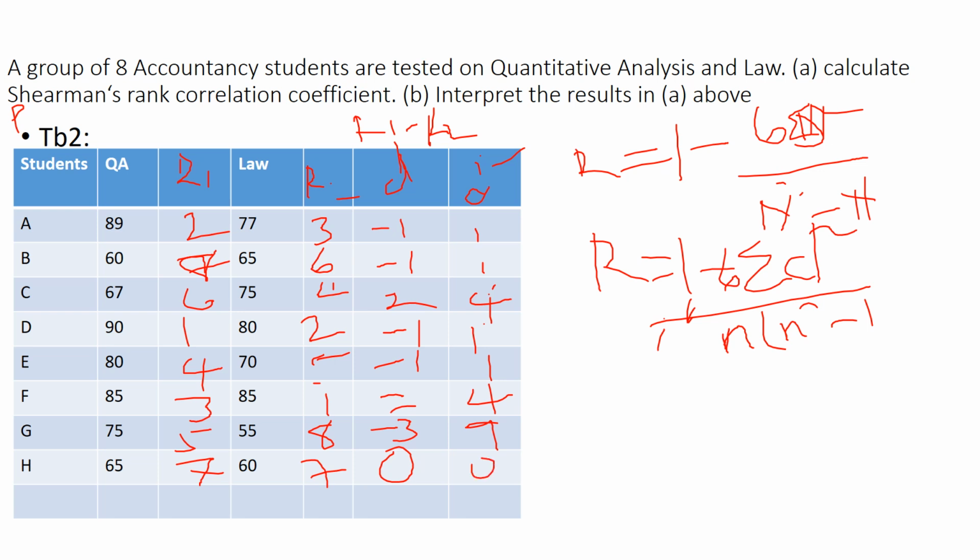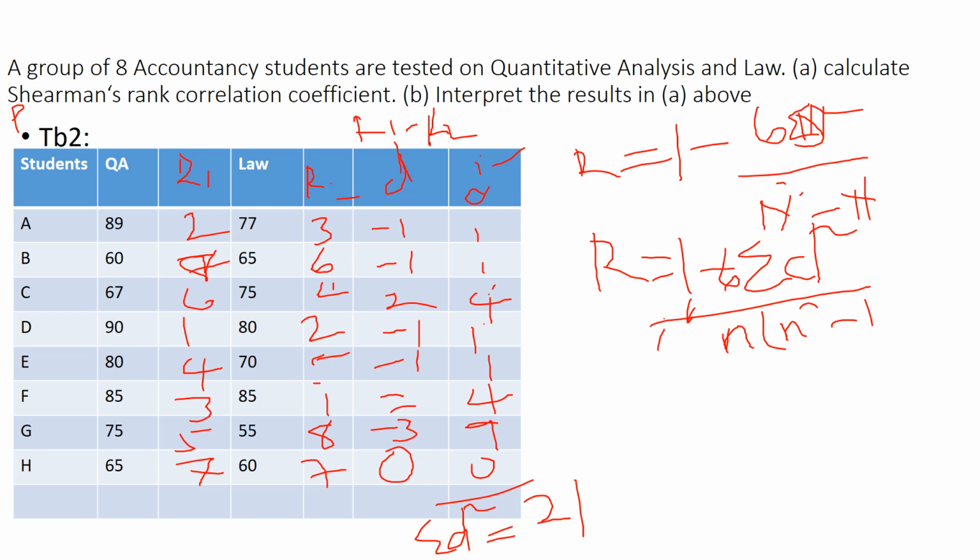So now the next thing, we need to get the total, which is the summation of d squared. We just add 1 plus 1, which is 2, plus 4 is 6, plus 1 is 7, plus 1 is 8, then plus 4 gives us 12, then plus 9 gives us 21.